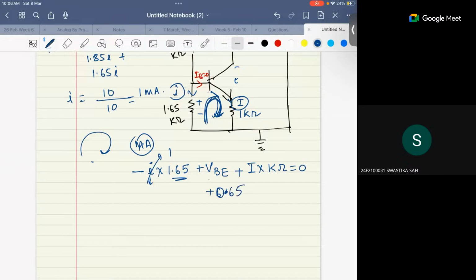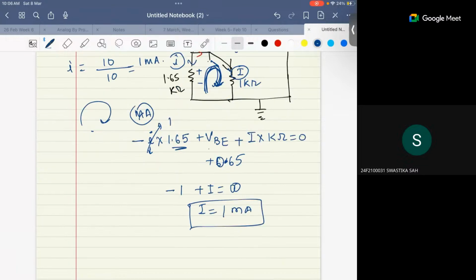So minus 1.65 plus 0.65, this is minus 1, plus 1 equals to 0. So I is equals to 1, right? Milliampere. Yeah, so this is how it has been calculated. Clear to everyone now?